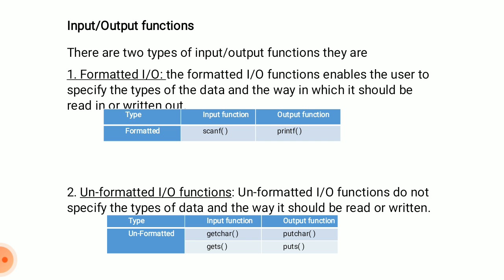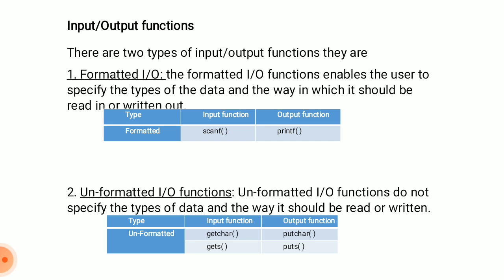You can observe that unformatted functions are specified only for character or string type data. If you are using unformatted input output functions, we cannot read integer or floating type data. It is only for character and string types. So here the user does not need to specify the type of data and the way it should be read or written.